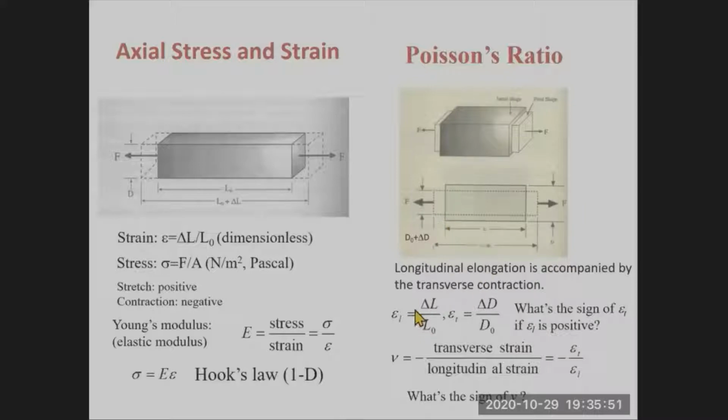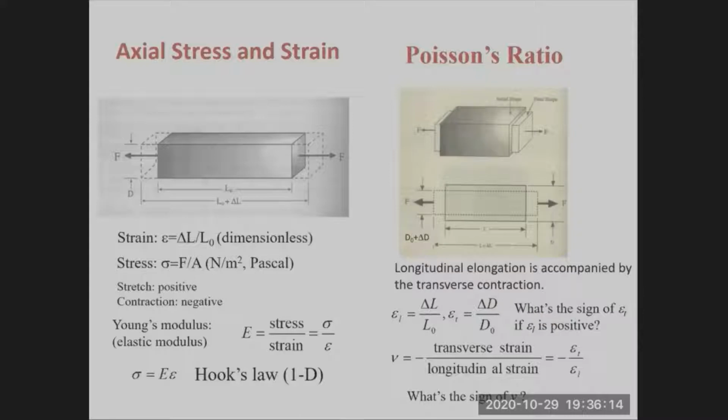So similar to the longitudinal strain, we can define the transverse strain epsilon sub t as delta D over D naught. So the longitudinal strain is along the longitudinal direction. The transverse strain is along the transverse direction.